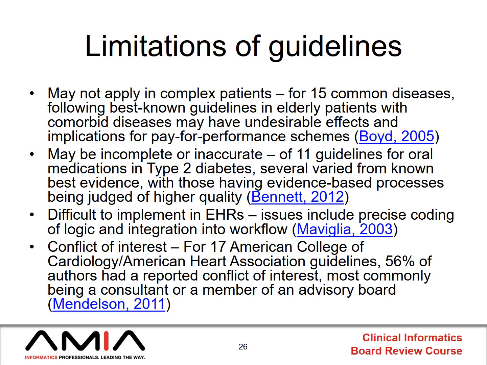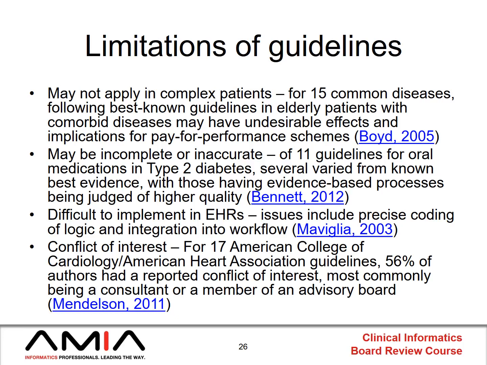Guidelines are not always precise in their logic, and they can be difficult to implement in EHRs, particularly when we tie them to clinical decision support rules. And if they are imprecise, it may be difficult to pull data from specific elements and use that in the guidelines. And then finally, the problem of conflict of interest.